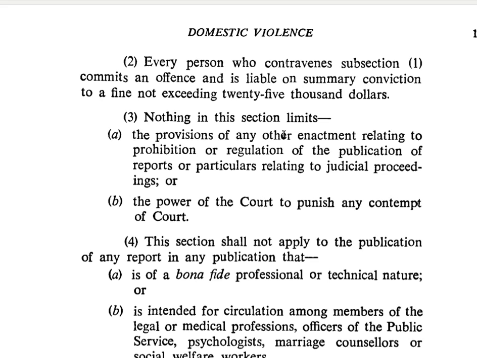Nothing in this section limits a. the provisions of any other enactment referring to prohibition or regulation of the publication of reports or particulars relating to judicial proceedings, or b. the power of the court to punish any contempt of court. So the provisions of any other enactment, the power of the court to punish any contempt of court.